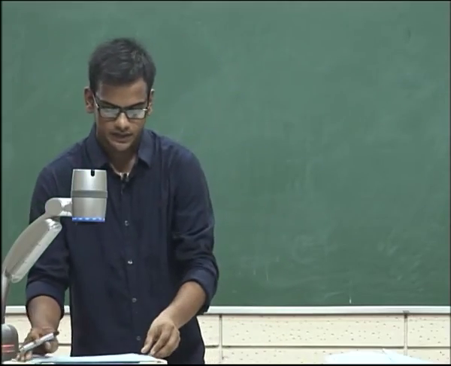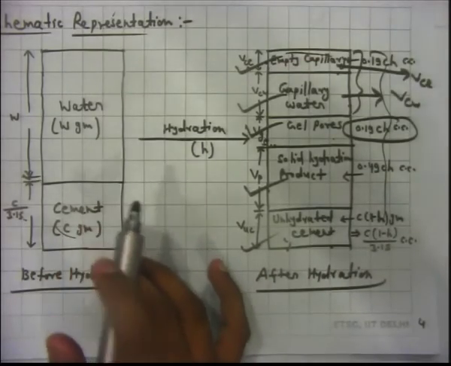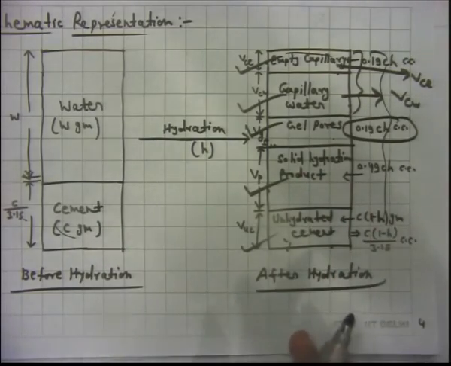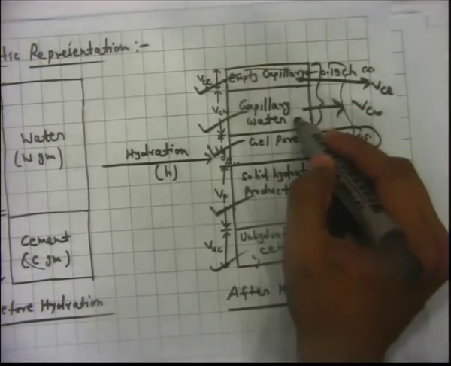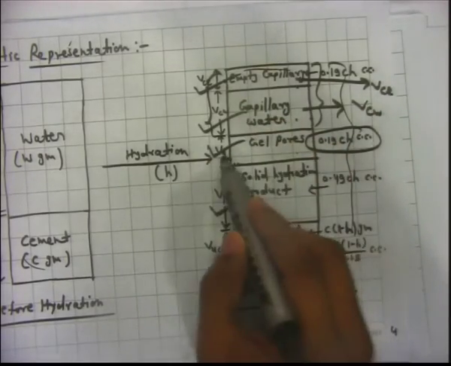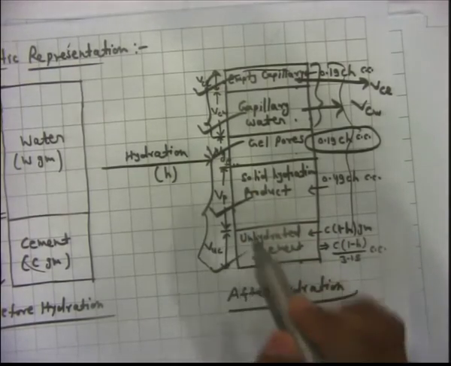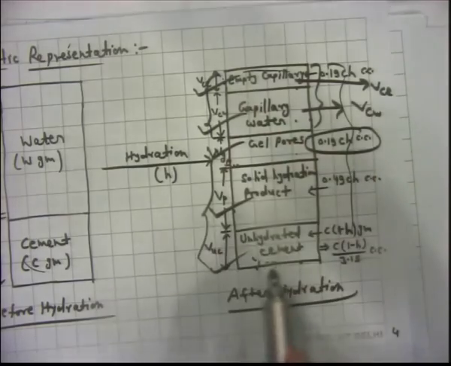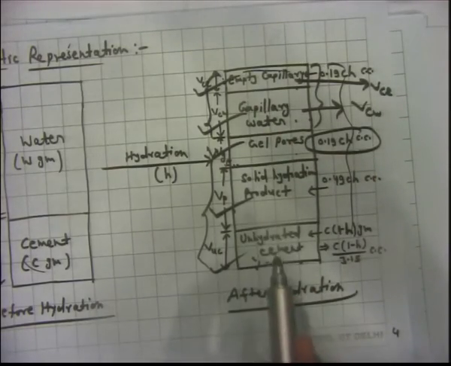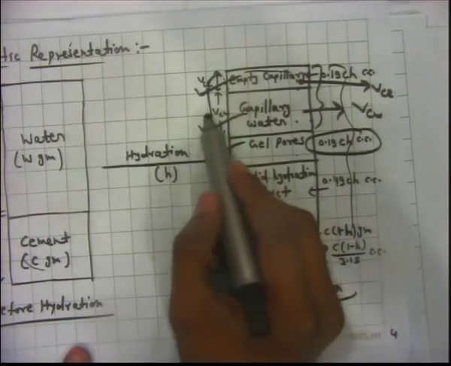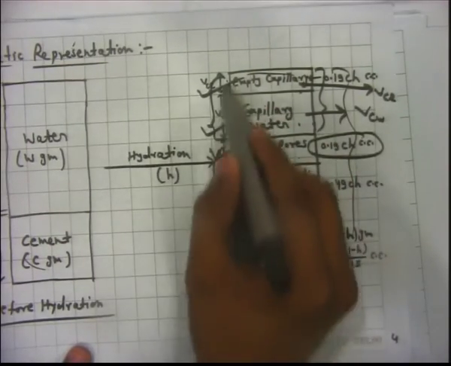We have discussed that when W gram of water and C gram of cement react, these are the products which will be formed. These are the capillary water and capillary spaces. In this capillary space, the hydrated products are already formed and some unhydrated cement is there. In this space only, when the later hydration proceeds, the further hydrated products are formed in this volume only, the capillary pores.